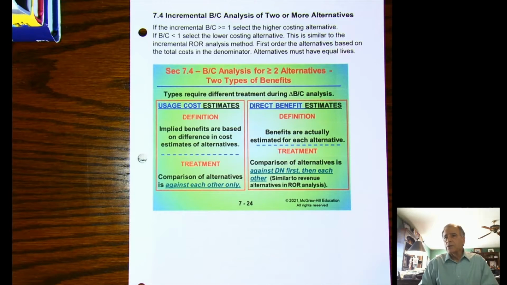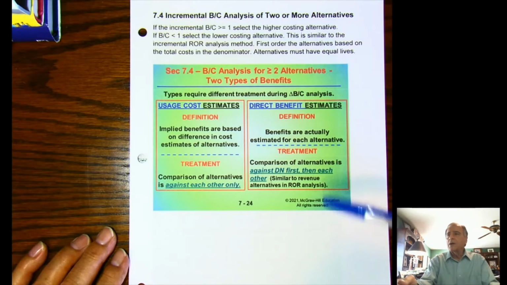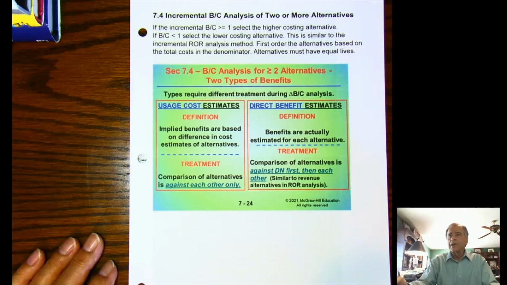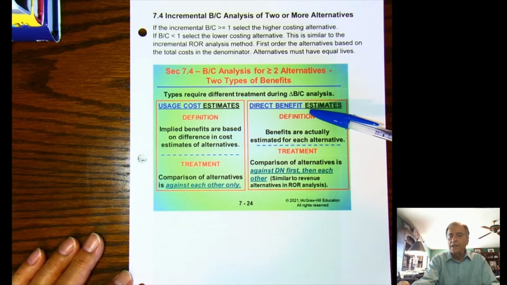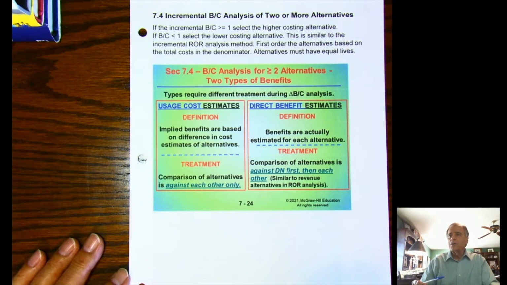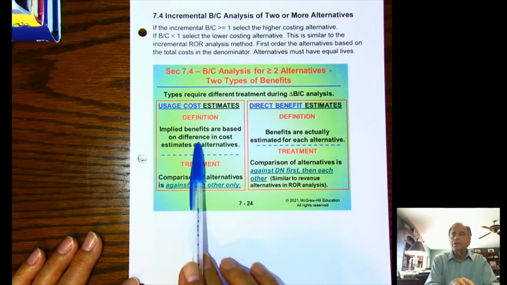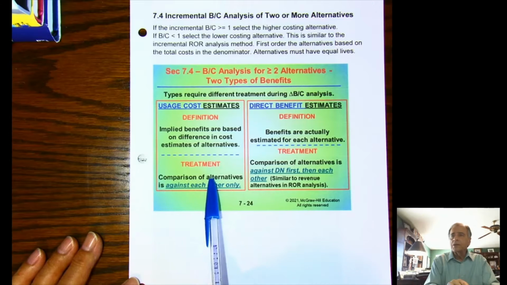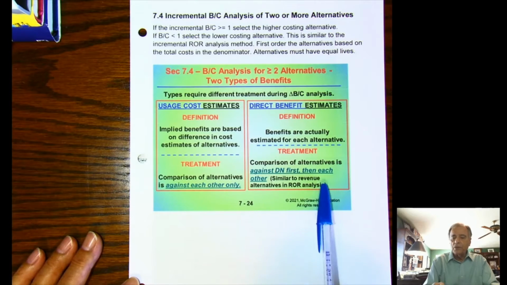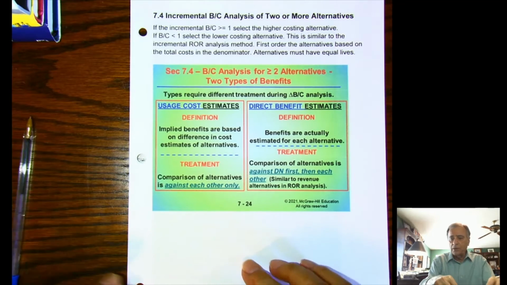We only considered do-nothing when there was revenue, okay, annual revenue. Similarly, in the benefit cost incremental approach, we only consider the do-nothing when there are direct benefits, not just the difference in cost. So if there's only a difference in usage cost, then we don't consider the do-nothing alternative. If there are direct benefits, we do consider the do-nothing alternative.